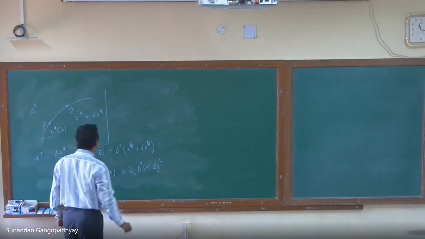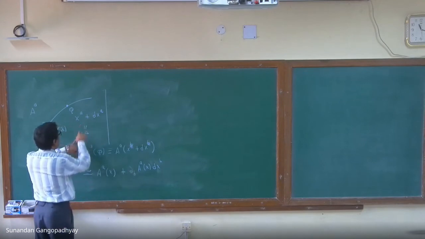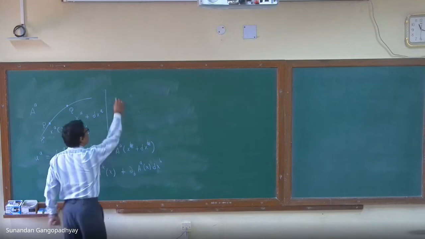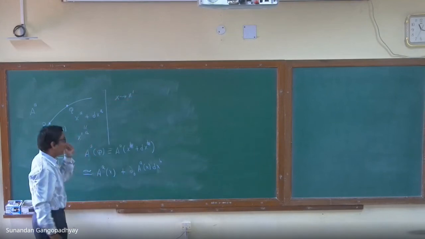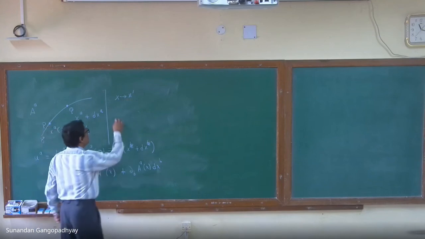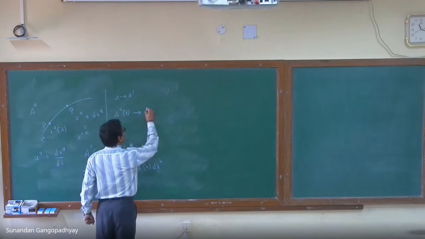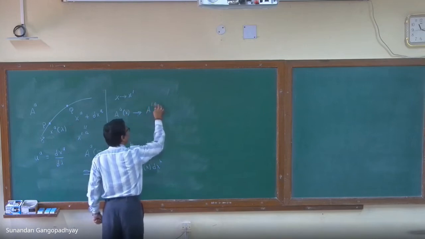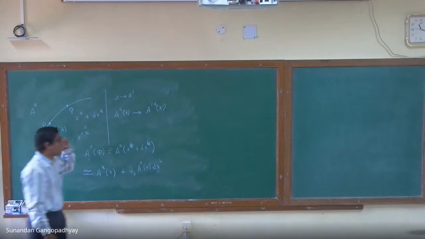Let us do that now. You are making a change of coordinates from x to x prime, and you know that under this coordinate change, A(x) is transformed to A prime at x prime. What is the transformation property?